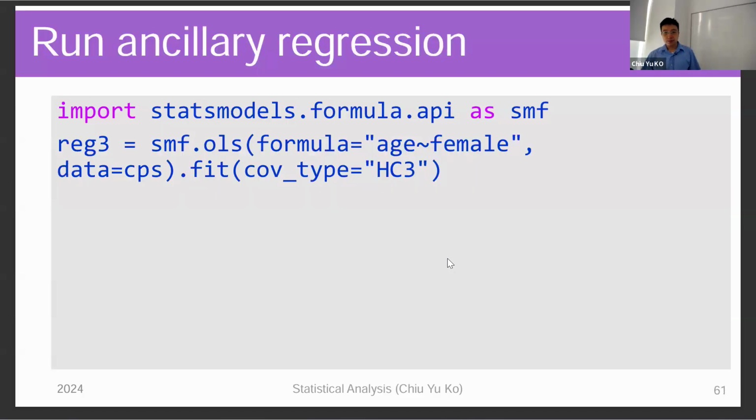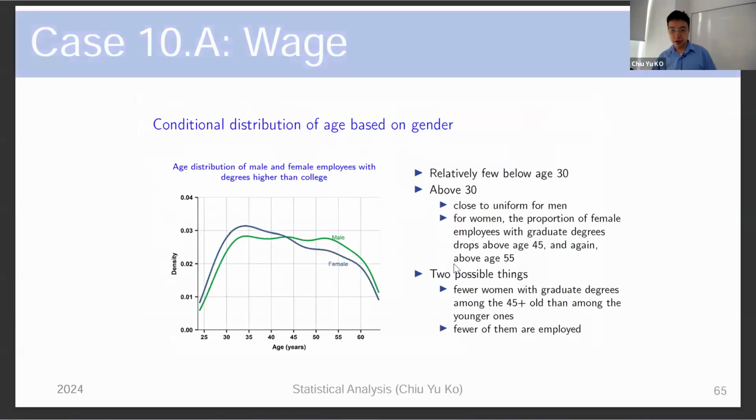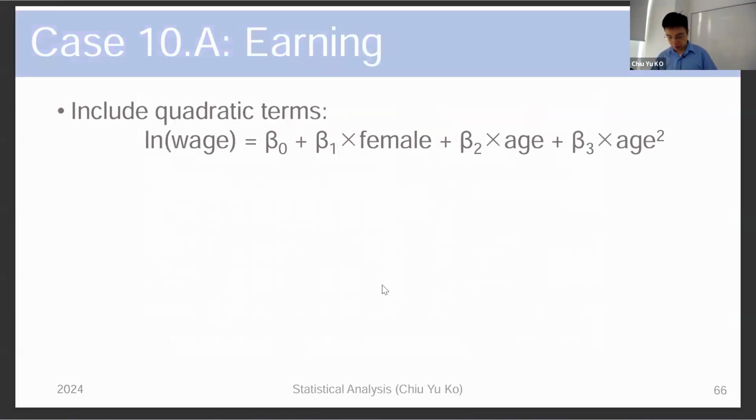And we run this regression, and this is where we stopped last time. We have age and gender, and we stopped at this one, I guess. Did we? Let's see.